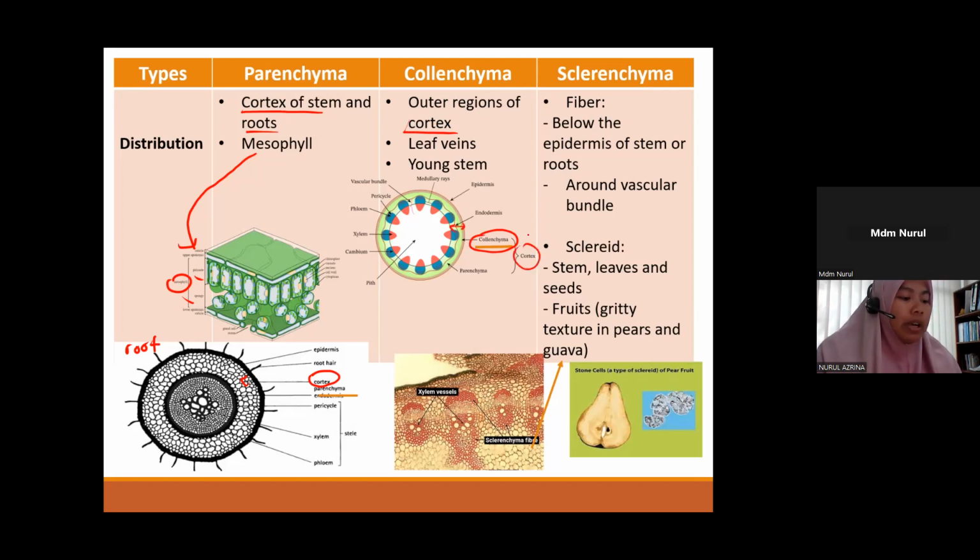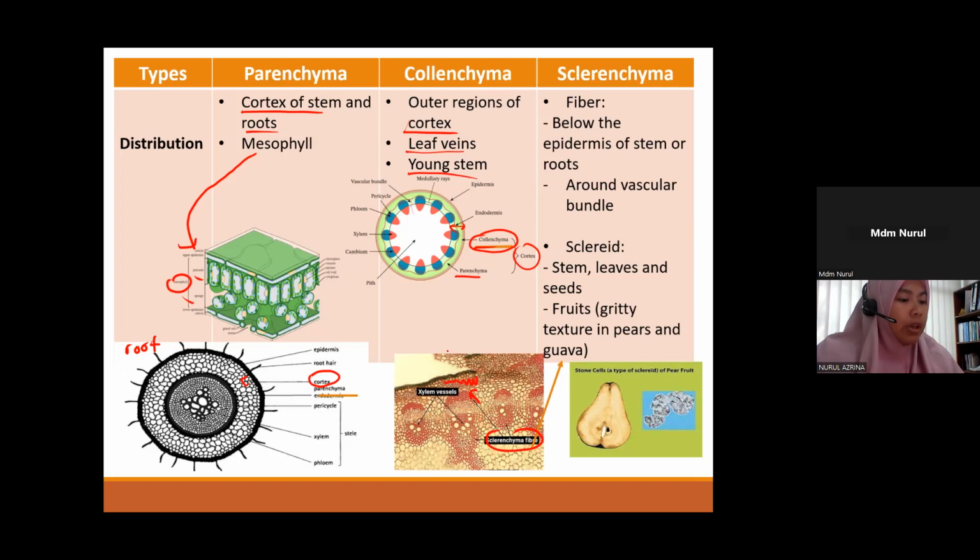In this cortex area, you can find parenchyma and you can find collenchyma, but collenchyma cells are usually located towards the outer region or towards the edge. Usually they can be found in leaf veins and also in young stem.